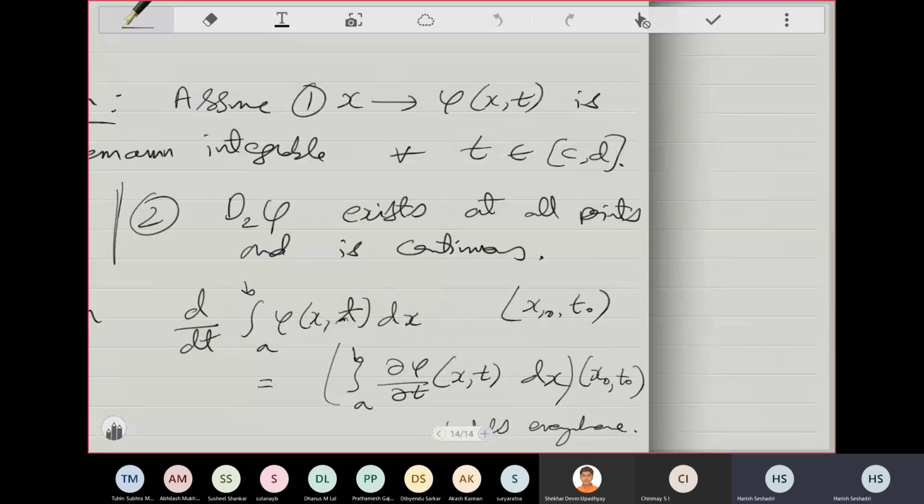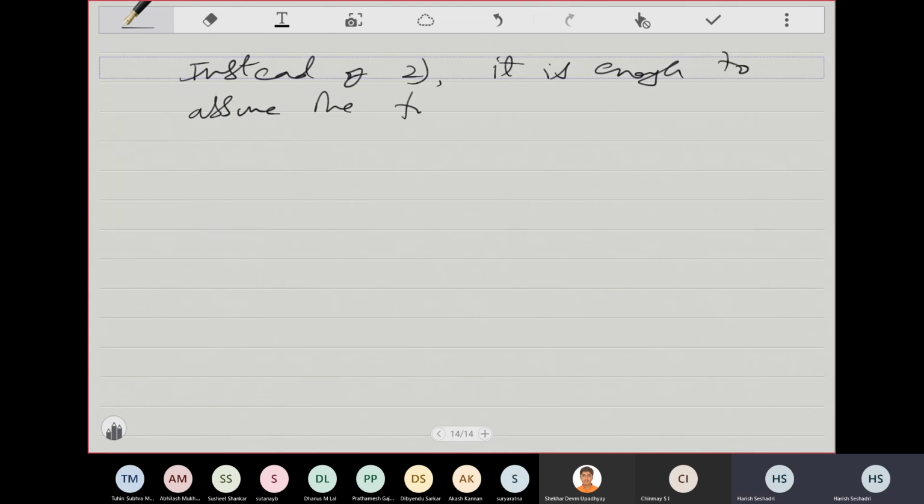And let me ask you how Rudin's condition is more general. Instead of 2, it is enough to assume the following.